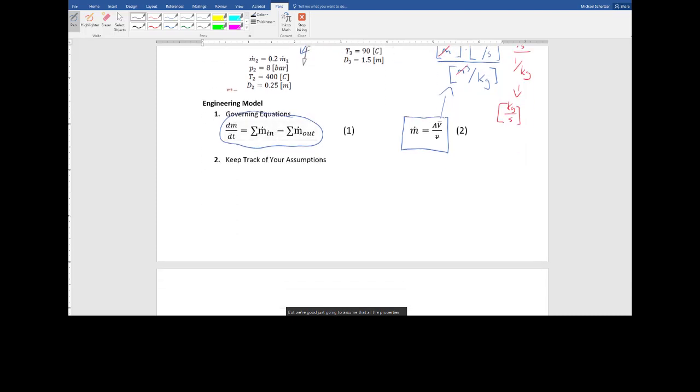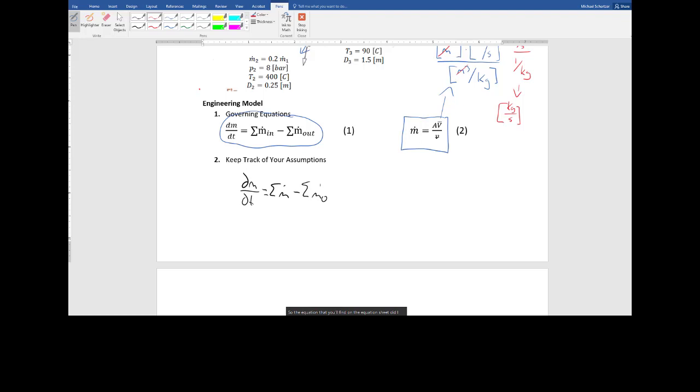Right? Now, when I usually think about tracking my assumptions, they're the assumptions that I need to make to do the solution. So here, I'm going to start with conservation of mass. And you'll see, if you do this on your exams, this is why I always encourage you to start with the base level equation, the equation that you'll find on the equation sheet that I wrote down.